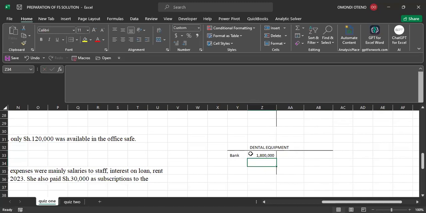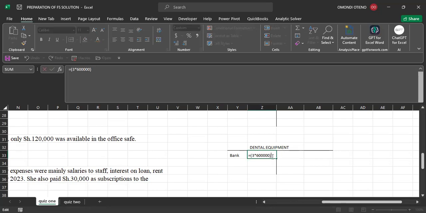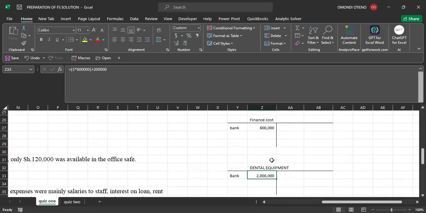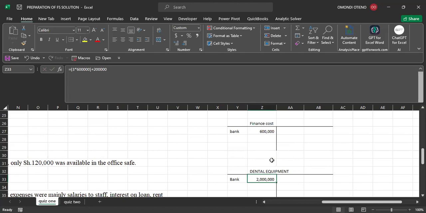Will the value of equipment be 1,800,000, or we add 200,000? Or it is 1,800,000, then the other 200,000 will be charged as an expense. It is 2 million, right? So any cost incurred to make this equipment ready for use will be part of its cost. So the company paid 2 million for this dental equipment.